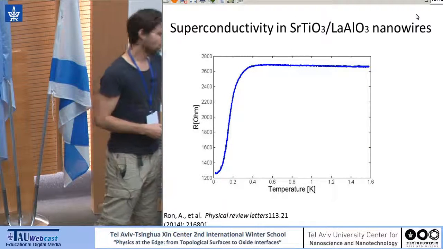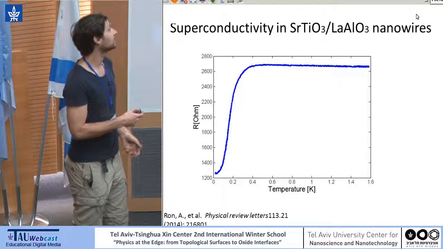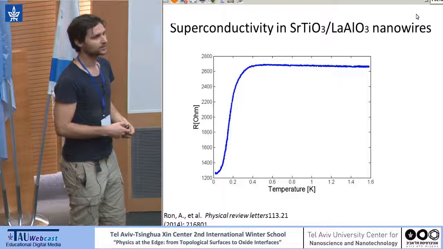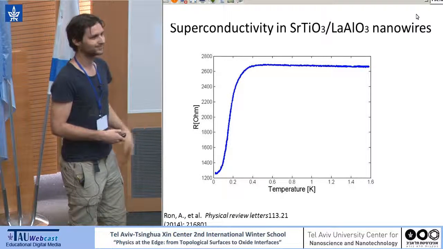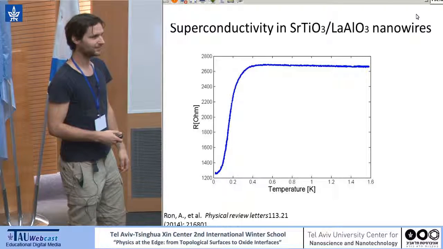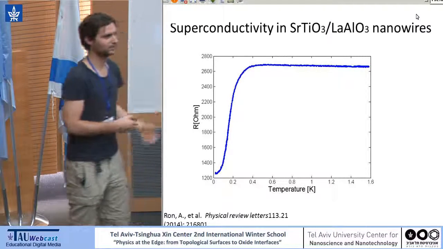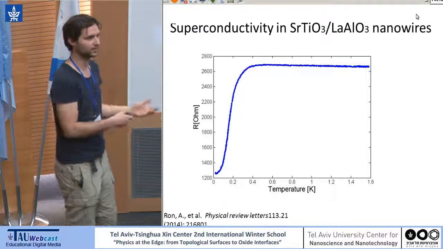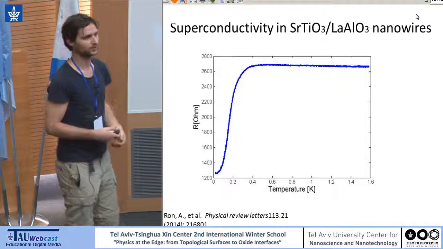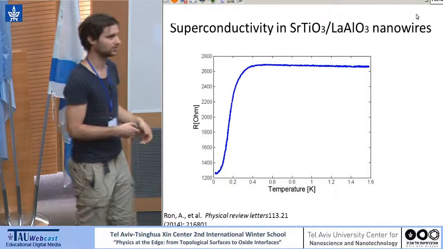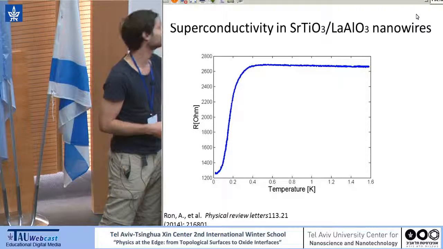Why do you call it superconducting? Because it undergoes a superconducting transition. So, okay, let's wait for the rest of the presentation, and maybe you'll understand my interpretation of this and why I'm still calling it superconducting, even though it doesn't go to zero resistance.